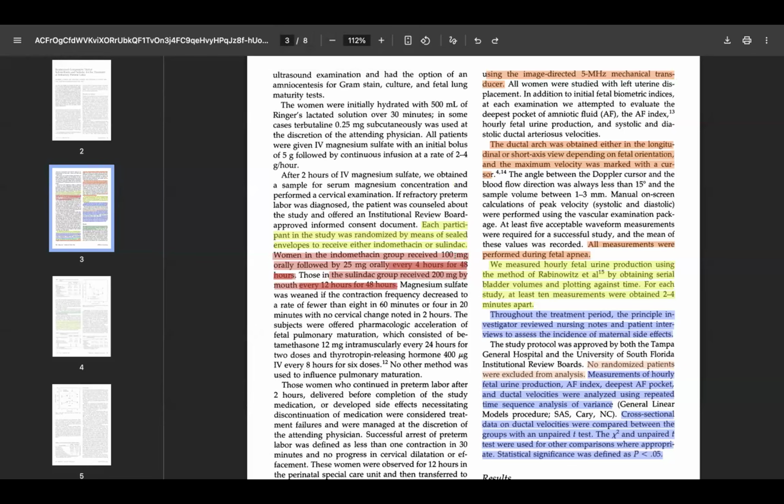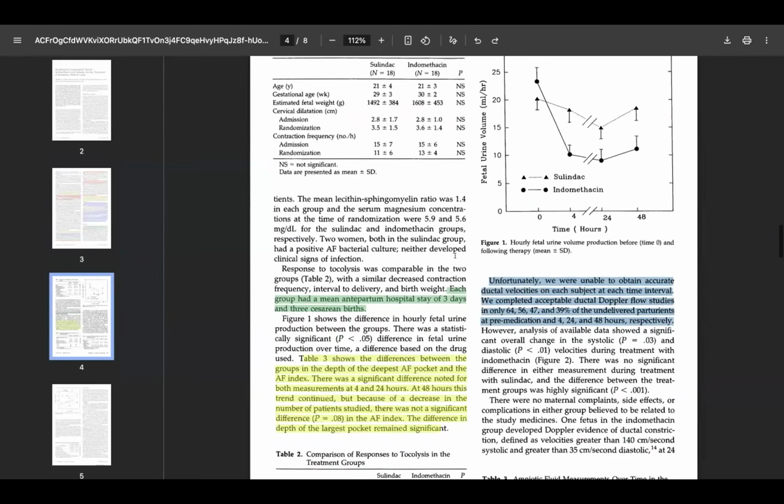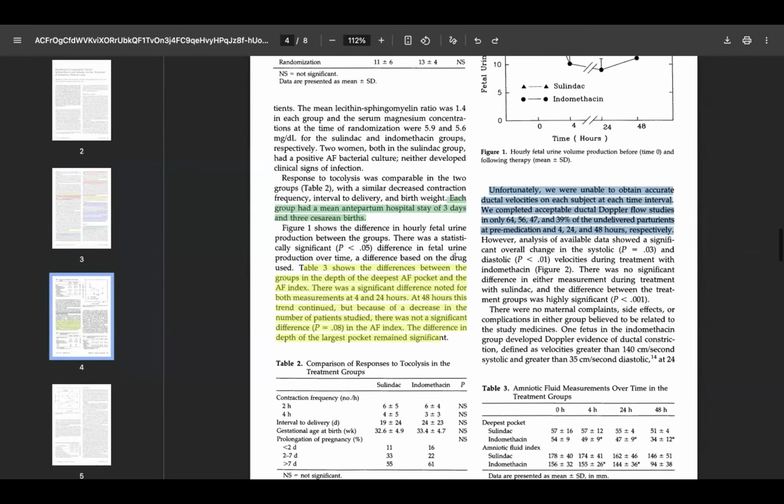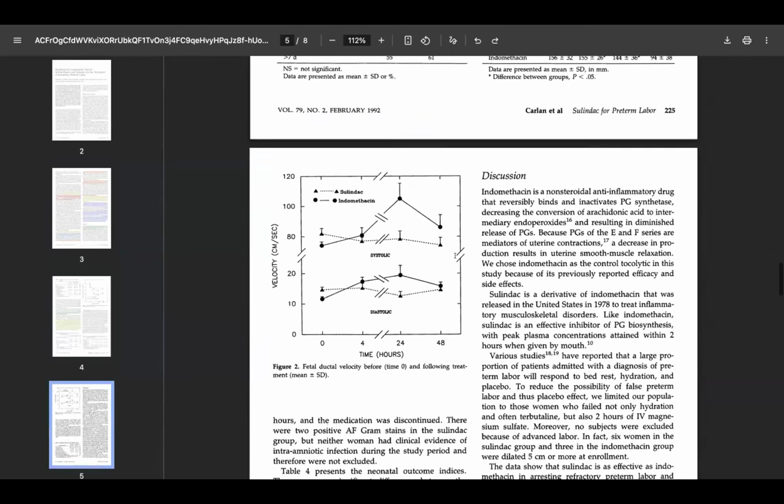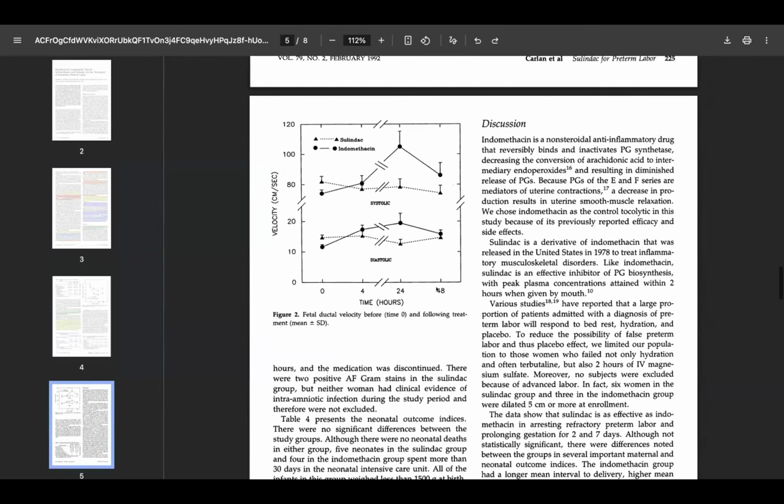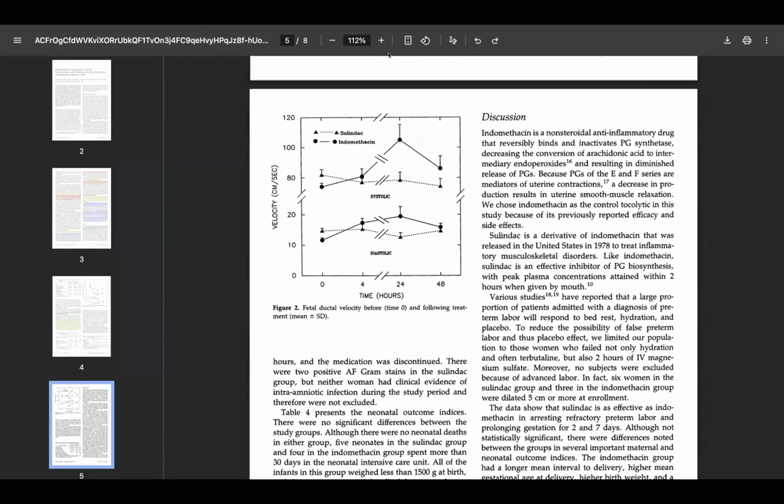I think it's on page 4. Yeah, they give a graph with velocities. Oh, they do. It's centimeters per second. I don't know, guys.